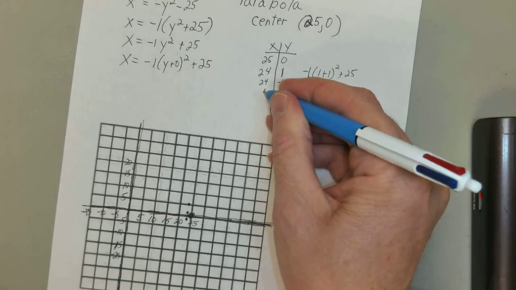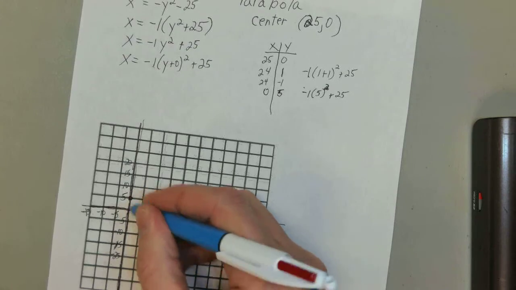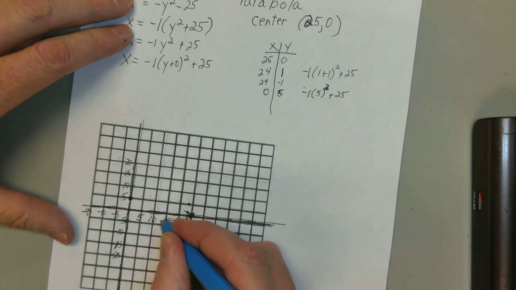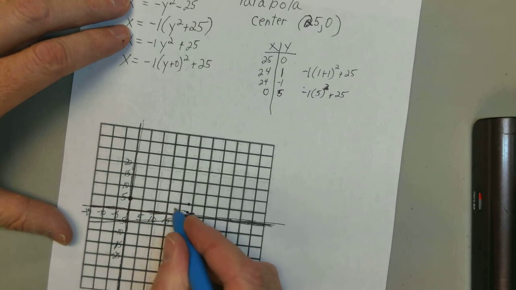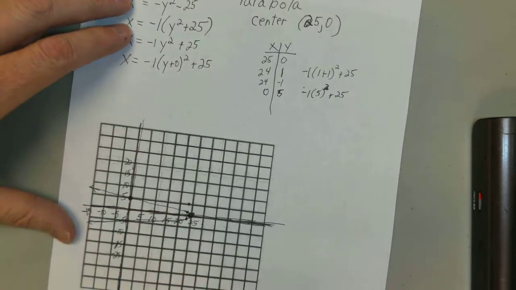So that is 0. So we're up here, and we're down here. So I've got a decent looking parabola here, given the scales we're using now.